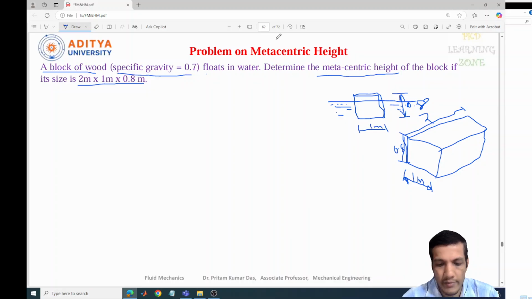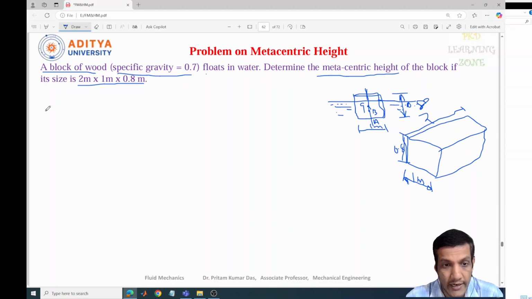Now what about the center of gravity? Let this be point G, and the center of buoyancy will be below it, point B. Let's also draw the axis line, and let this point be A.